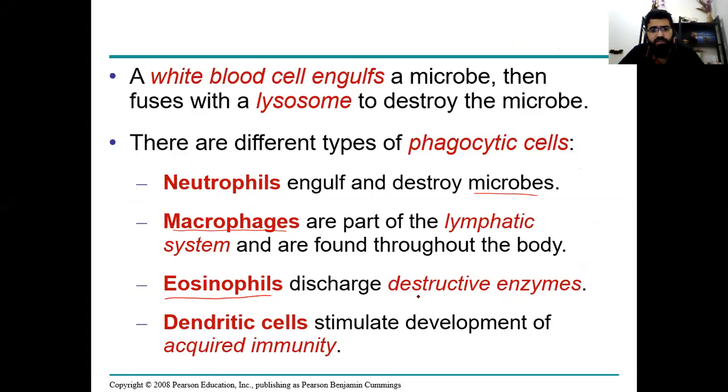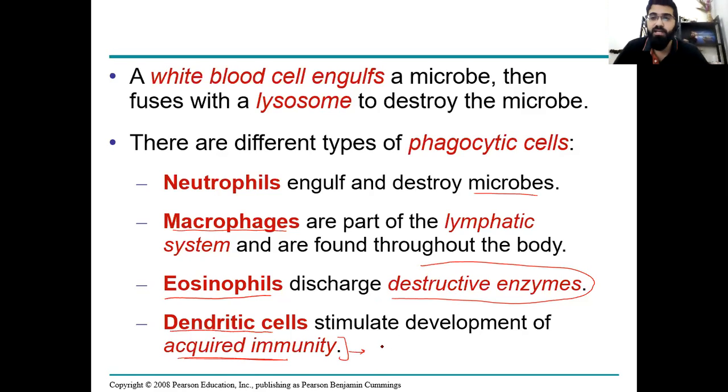Eosinophils discharge destructive enzymes. Look, they produce destructive enzymes. What are these destructive enzymes? Enzymes that destroy, as we say, the pathogens. Dendritic cells stimulate development of acquired immunity. If you remember, we said acquired immunity is when cells recognize the pathogen and produce specific fighters against this pathogen.